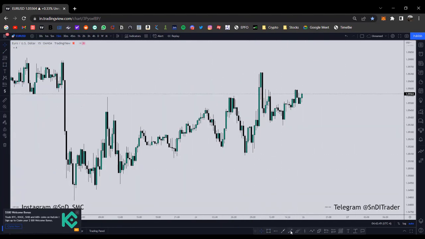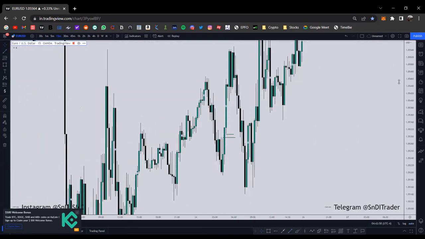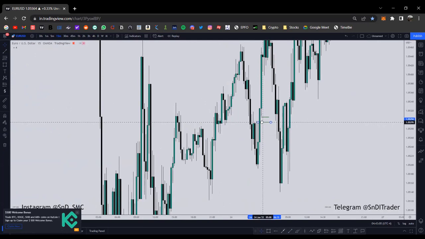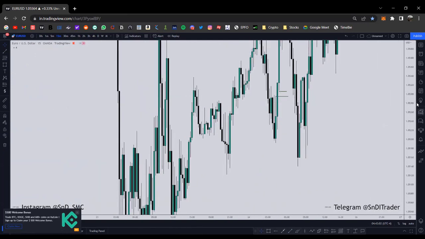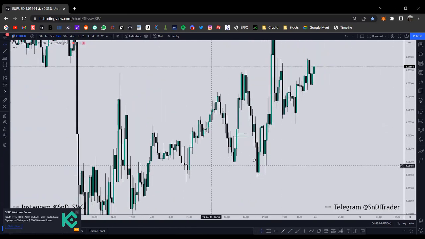The market closed, the wick closed here, and this wick is closed here. So we have a fair value gap in here. Okay, and you see the same thing here again.